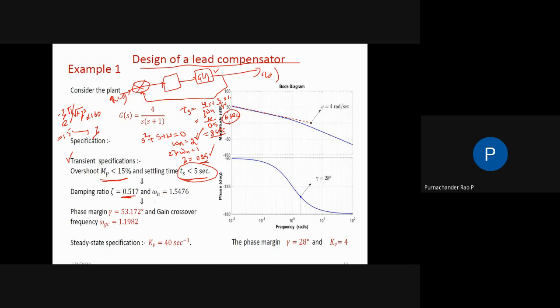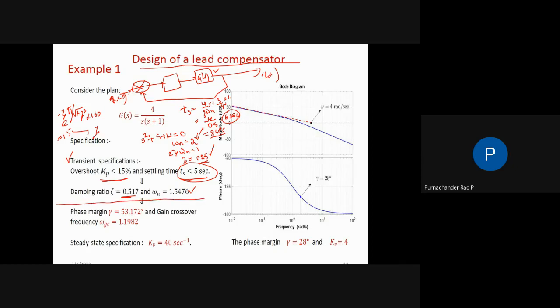And if you take zeta equal to 0.15 and the settling time of 5, you are going to get the natural frequency of 1.547. So these are the requirements of a system, taken from the time domain specifications.